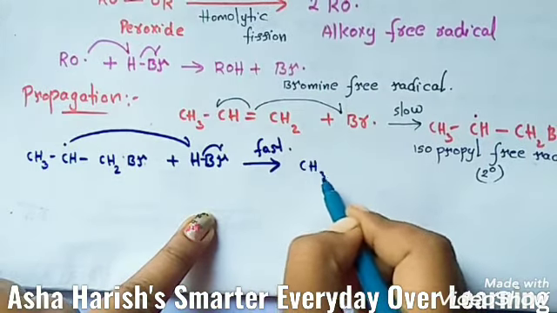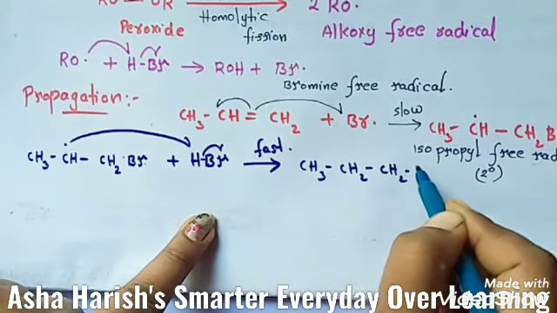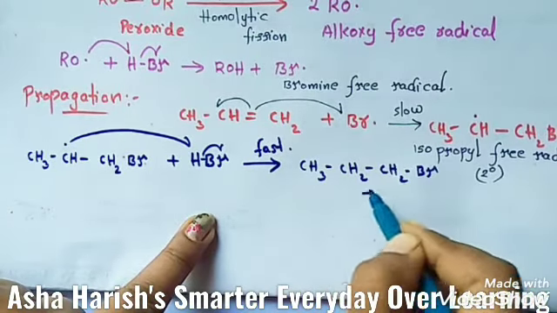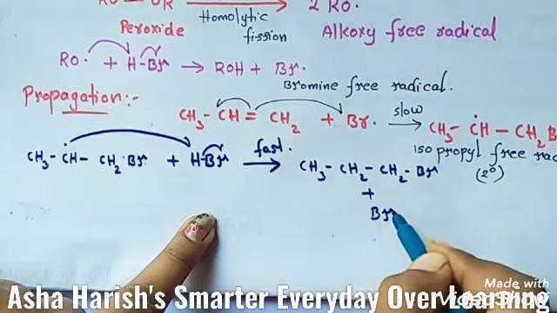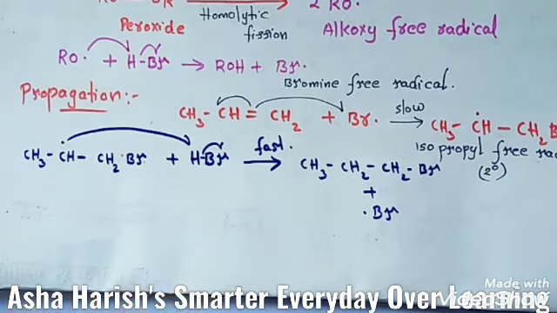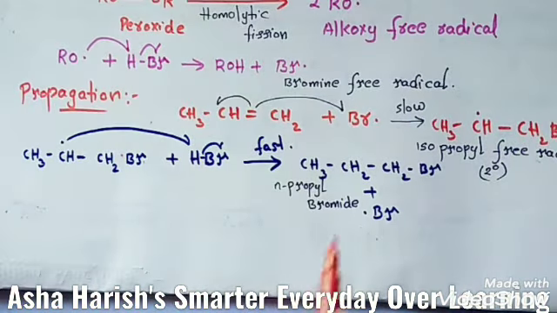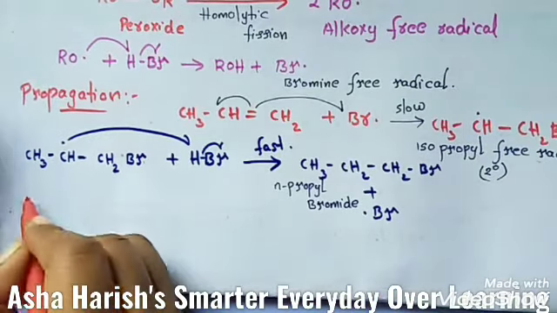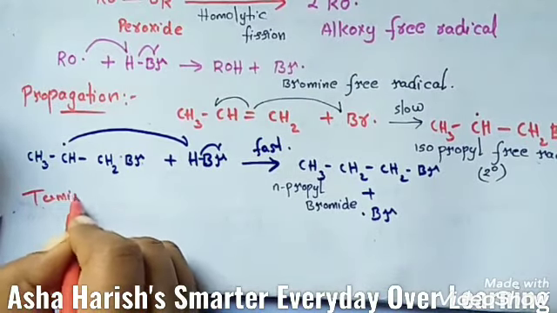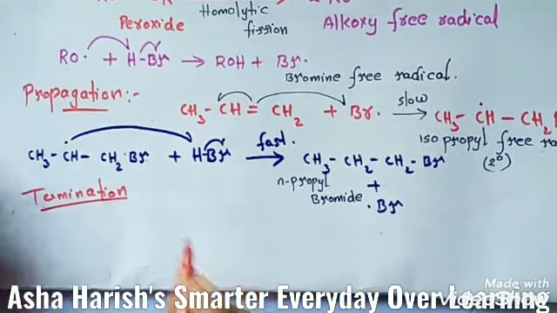Now the formed compound is CH3 CH2 CH2Br plus Br, bromine radical. The name of this compound is N-propyl bromide. Now let's see the third step, the termination step of free radical addition reaction.